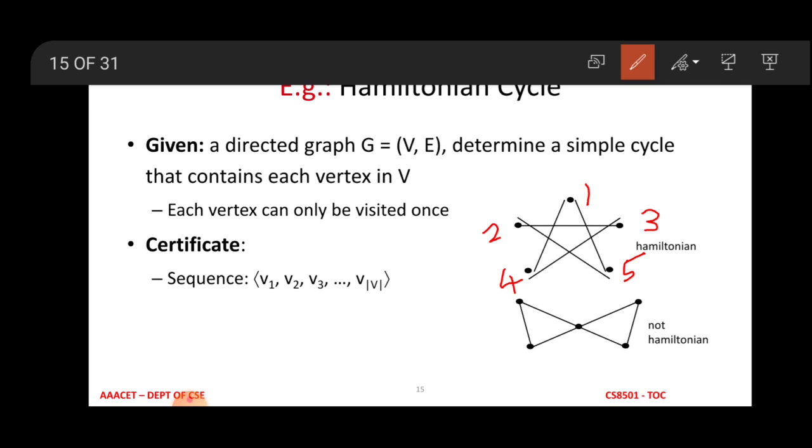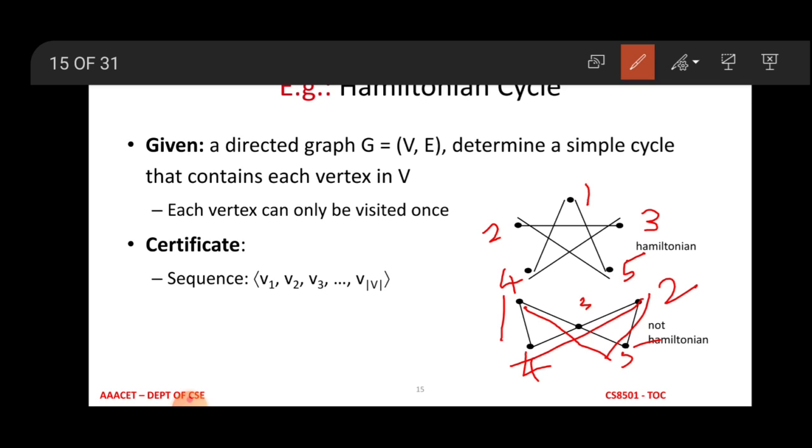But you can take the second circuit, which is not Hamiltonian, because here consider this is 1, this is 2, this is 3, this is 4, this is 5, which means you can visit a vertex more than once, because 1 to 5, and then 2 to 5, and 2 to 4.